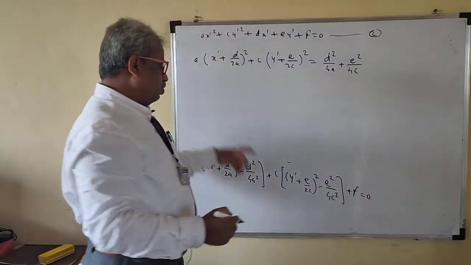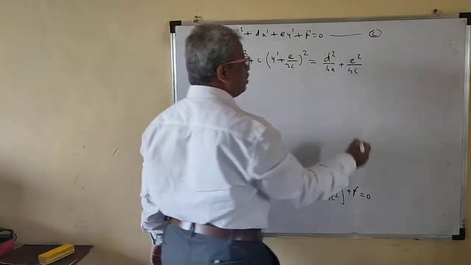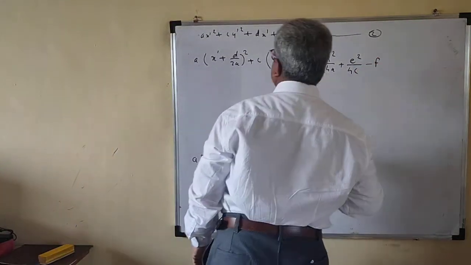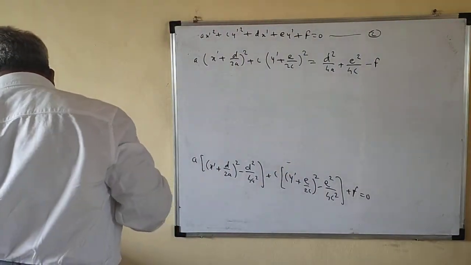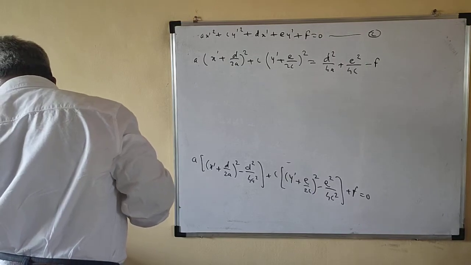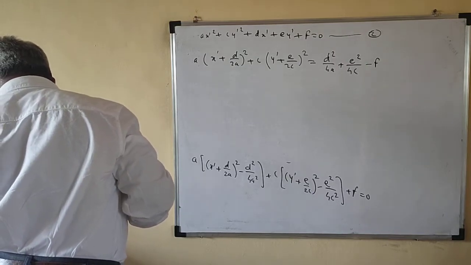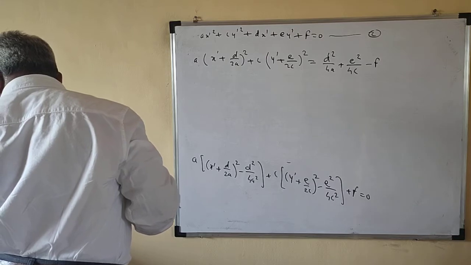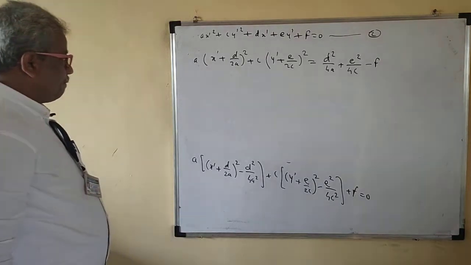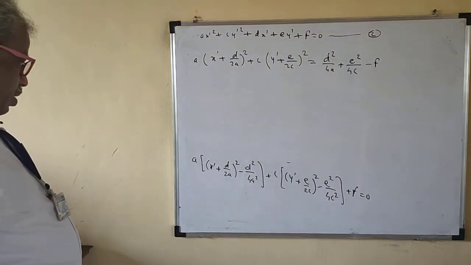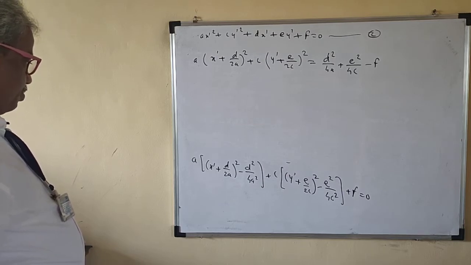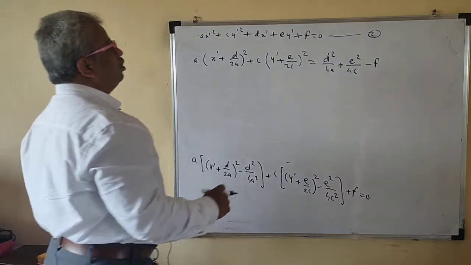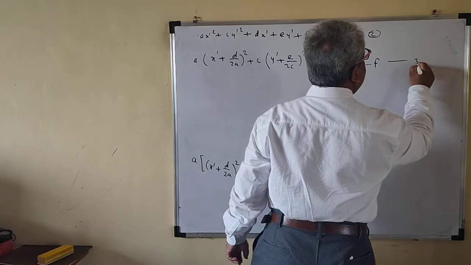One c gets cancelled because we multiplied by c, and this is f. We call this equation 3 now.